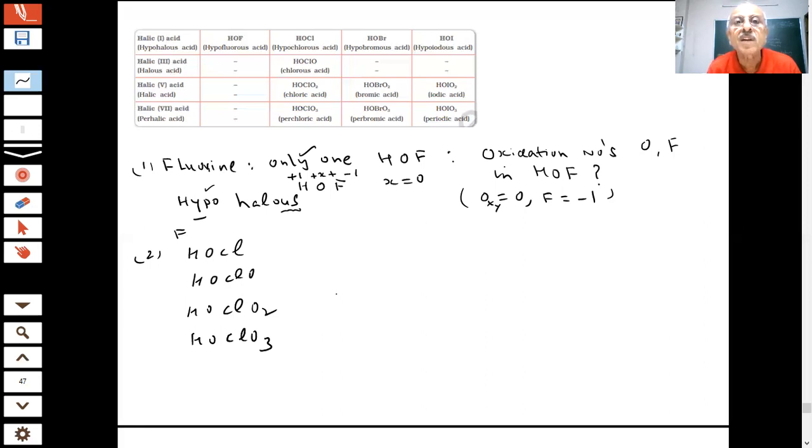I've written three of those. What is the oxidation state of Cl in HOCl? What is the oxidation number, student? That's why I'm taking these points. Very important. It will be +1. I'm saying oxidation number of Cl.